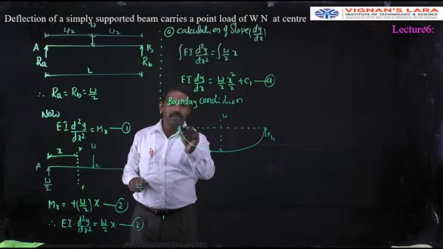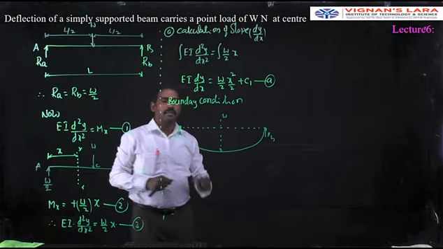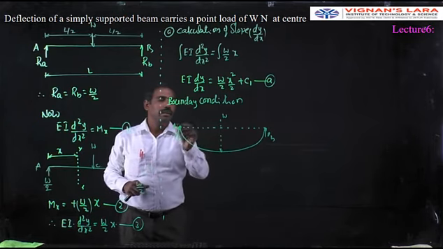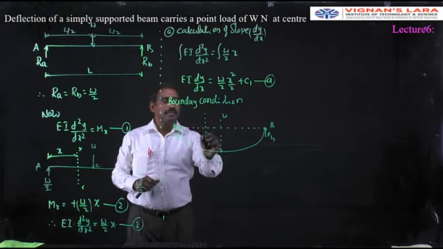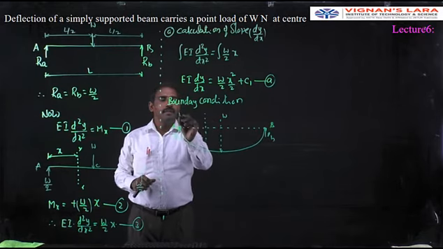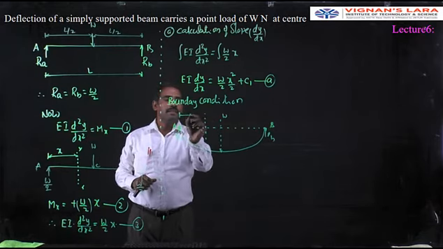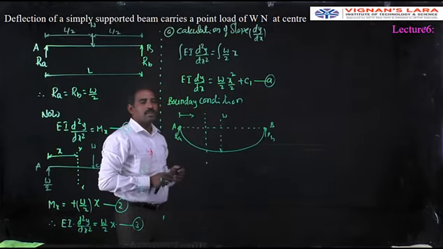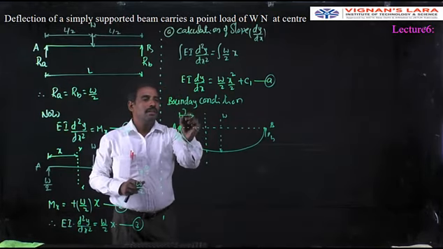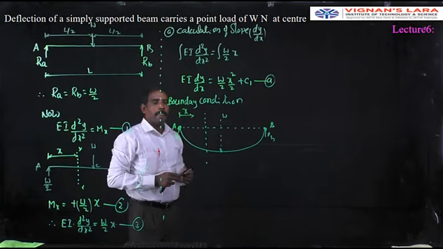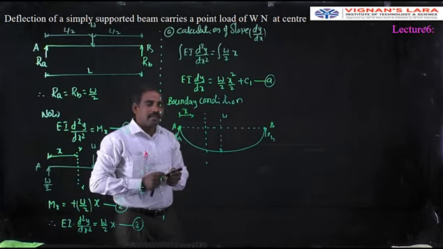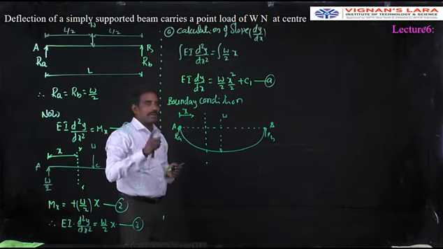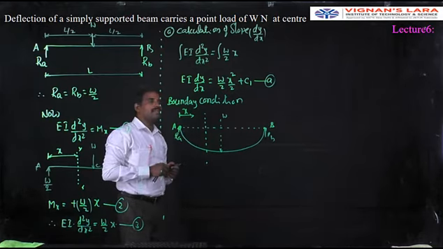Now if you observe, there is no deflection at A as well as at B. As per the origin chosen, A is taken as origin. Here origin at A. At x is equal to 0, deflection is 0. Not slope, deflection is 0.